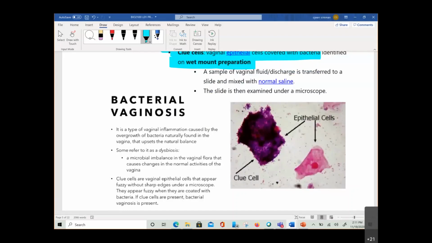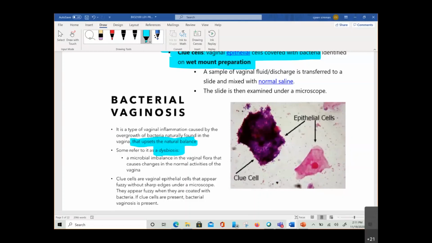Okay. So remember, the pathogenesis of bacterial vaginosis happens as a result of something that disrupts the natural balance of the vaginal flora. This is what's known as dysbiosis, which is a microbial imbalance.